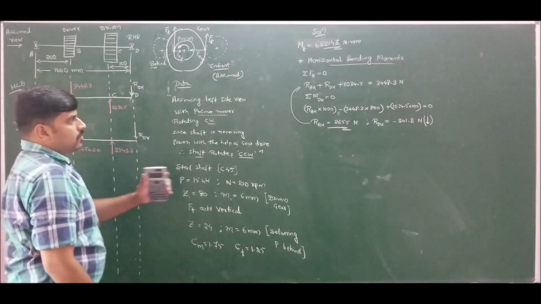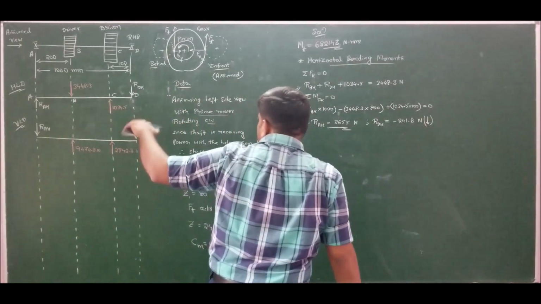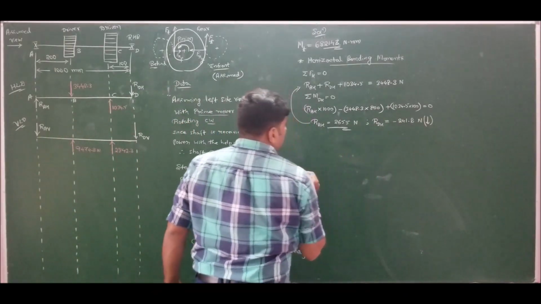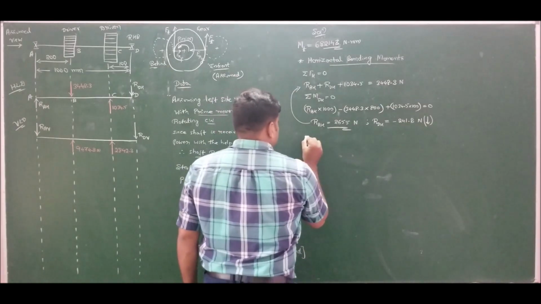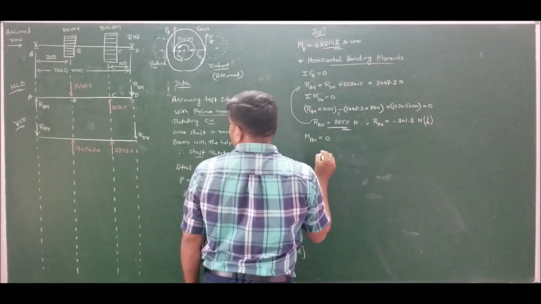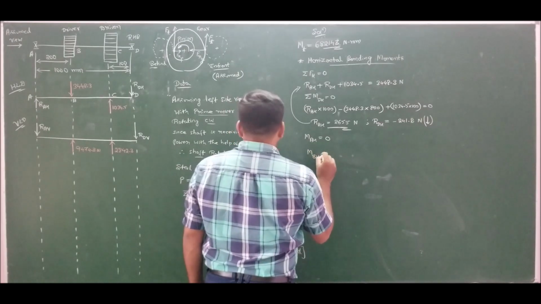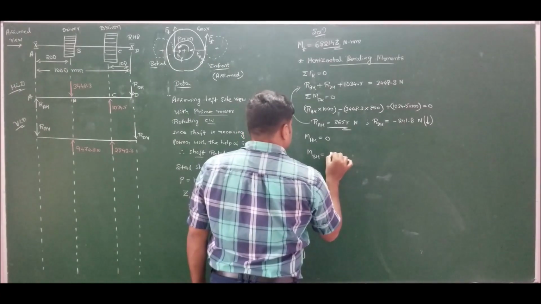Now for calculation of moments, take only the magnitude and the sense of rotation. Don't take these signs of the loads. You know that moment about point A horizontal is 0, beginning point. Next moment about B horizontal will be RAH into distance.